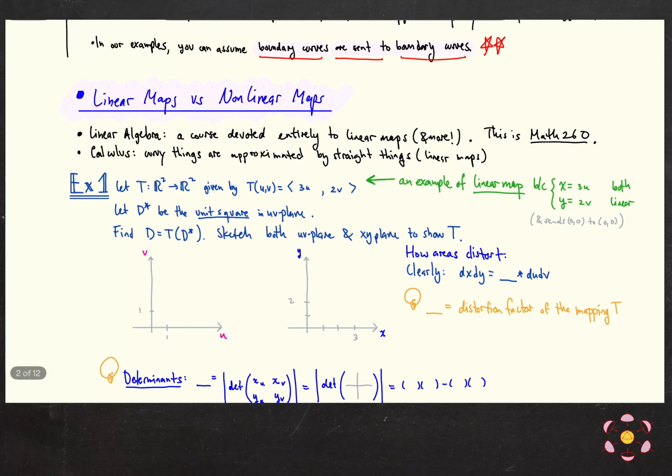Okay, let's take a look at linear maps versus nonlinear maps. Number one, there's an entire course called linear algebra, probably the next course you're going to take, Math 260, that is devoted to the study of linear maps, matrices, and basically higher dimensional vector spaces.